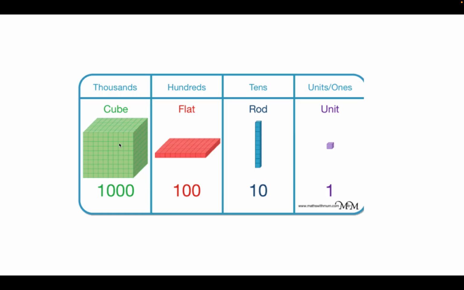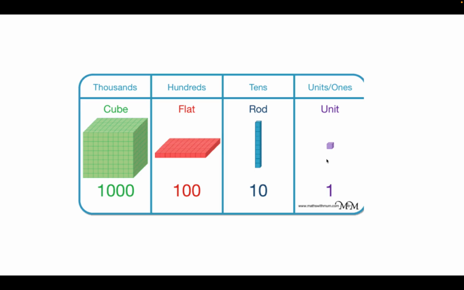Okay, so this is also an easier way to do it. For example, if you're trying to look at a number like 3,472, you would do 3 cubes because 3,000, 4 flats because 400, 7 rods because 70, and 2 units because 2. This is another easy way to do it.